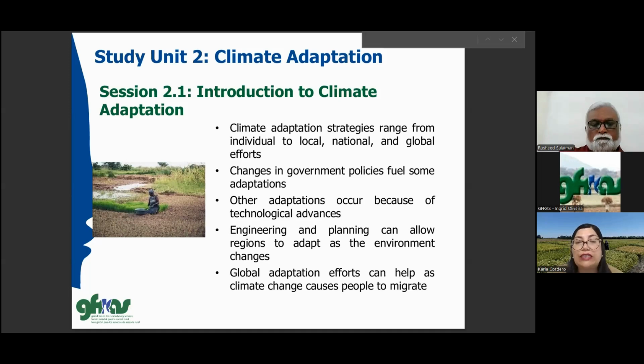We will also cover changes in government policies that fuel some of these adaptations, adaptations that occur because of technological advances, and how engineering and planning allow regions to adapt as the environment changes. Global adaptation efforts can also help as climate change causes people to migrate.